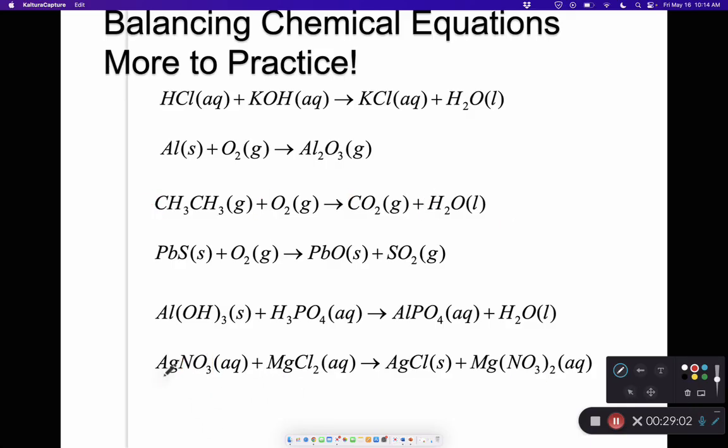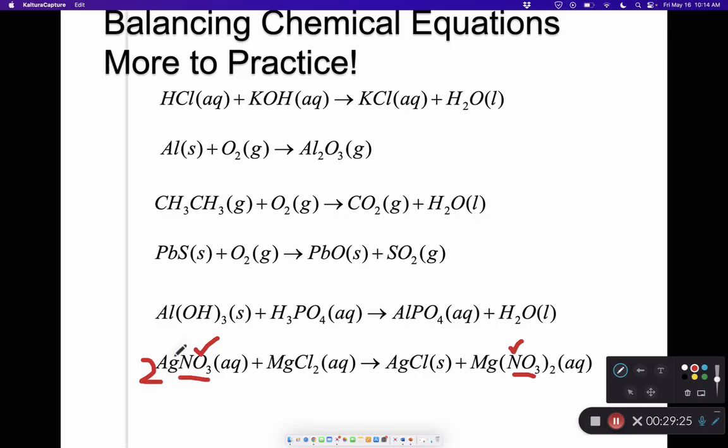Right away you see there is 1 polyatomic NO3 on one side, and there are 2 polyatomic NO3 here because of the 2. So right away you multiply the first one by 2. Now the nitrates are balanced.